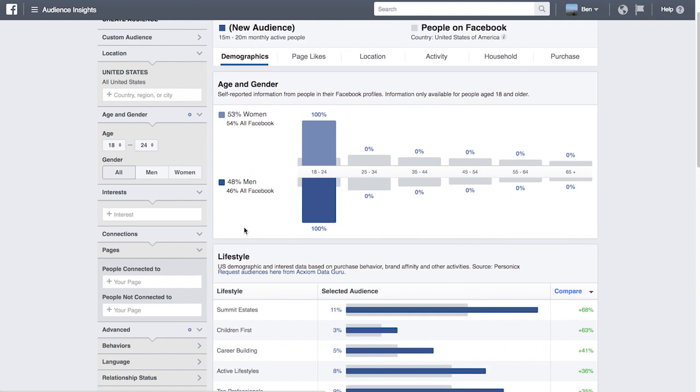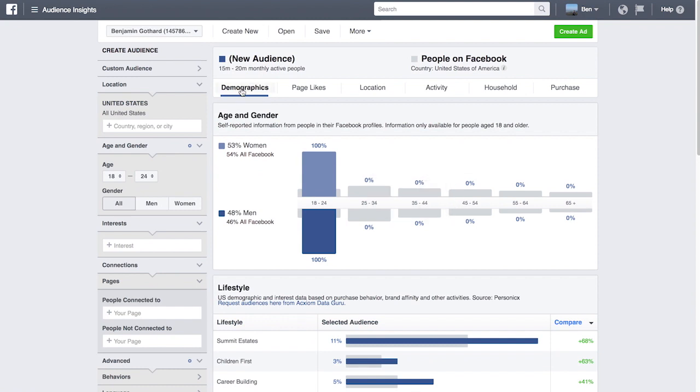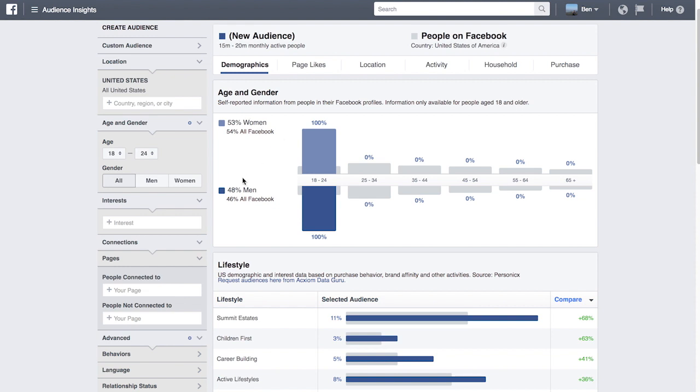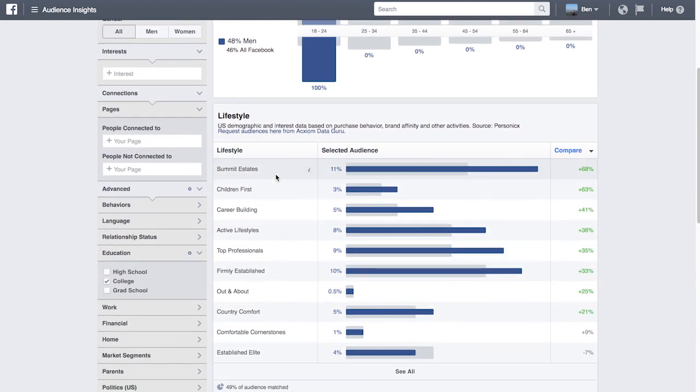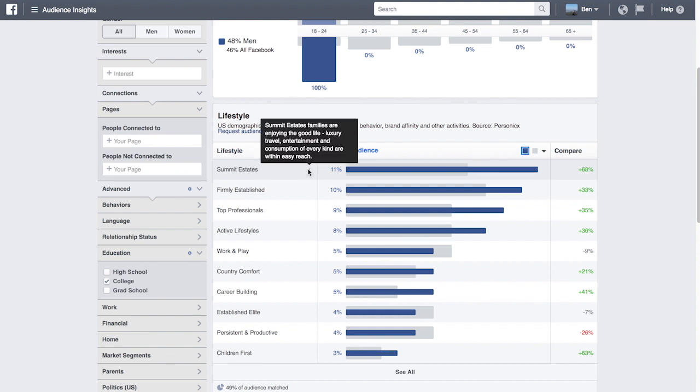Okay, so now we are going to see on Facebook the demographics of this market. Okay, 53% women, 48% men. We know that 11% of the selected audience has a lifestyle affinity for Summit Estates. So Summit Estates families are enjoying the good life. Luxury, travel, entertainment, and consumption of every kind are within easy reach.